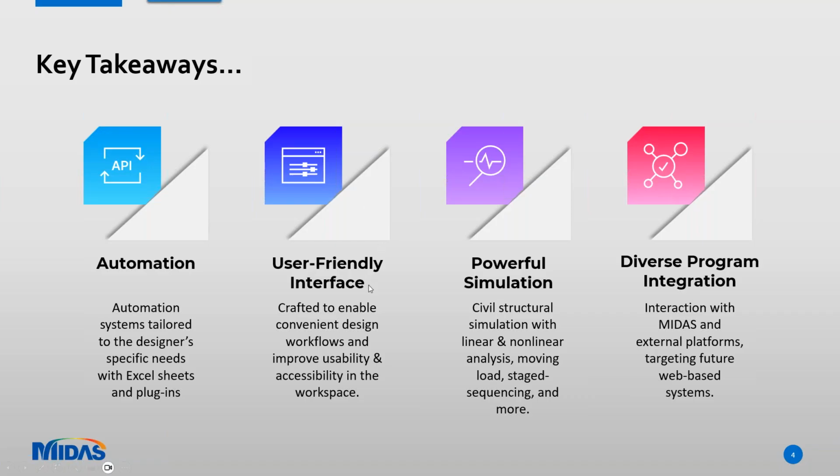Secondly, regarding the interface, we have crafted it to be a little more user friendly, and the working environment and accessibility are quite easier compared to the old version of MIDAS Civil.